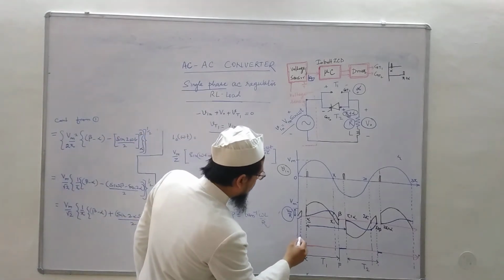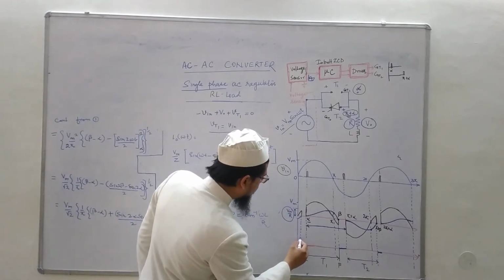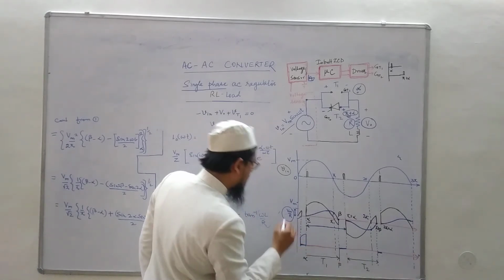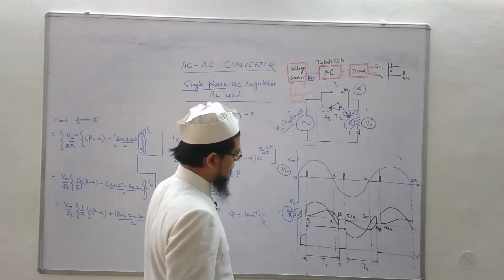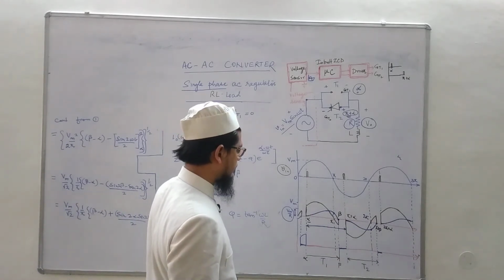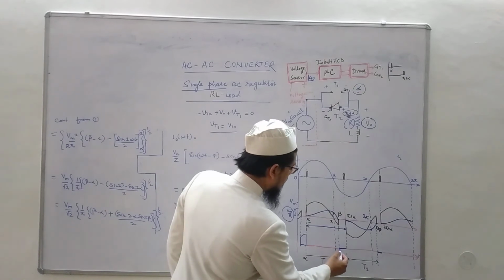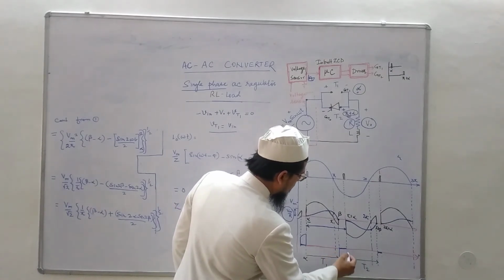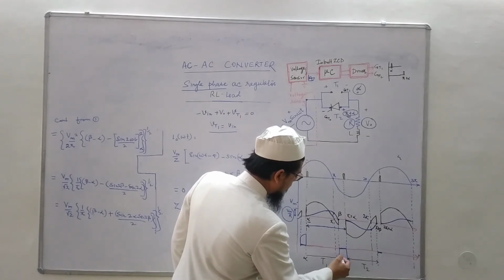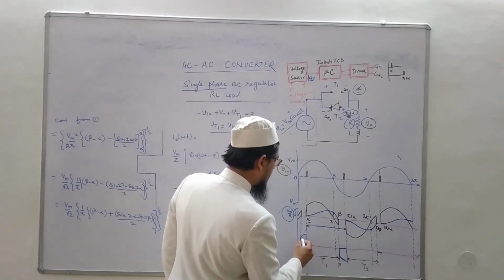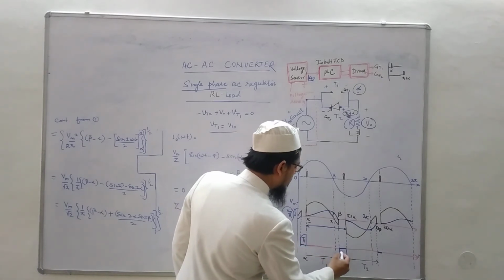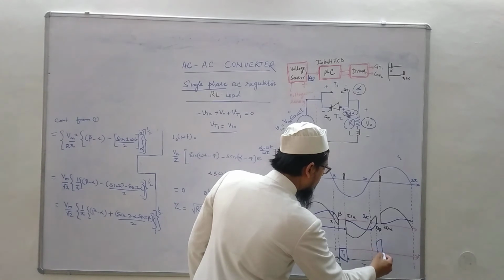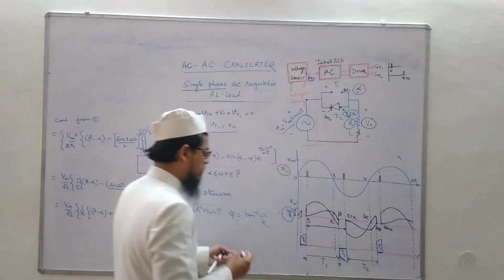So I have to just draw the waveform for VT1 equal to Vin when none of the SCRs is conducting. Similarly here the waveform would look something like this. So this is for T1, and this is also for T1, and similarly here also. What about T2?